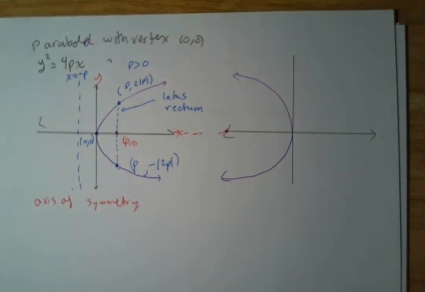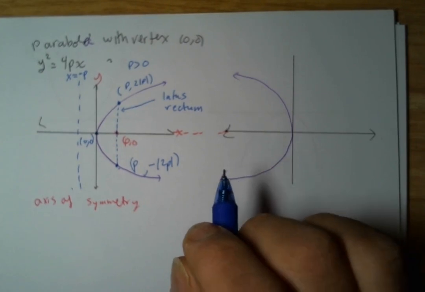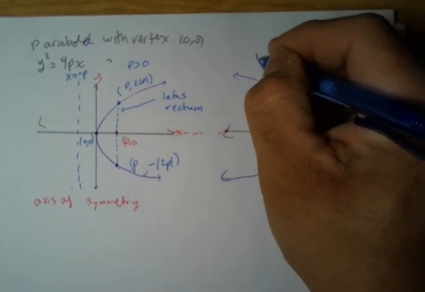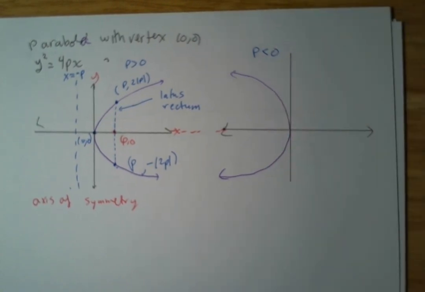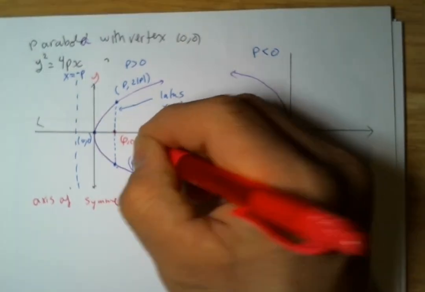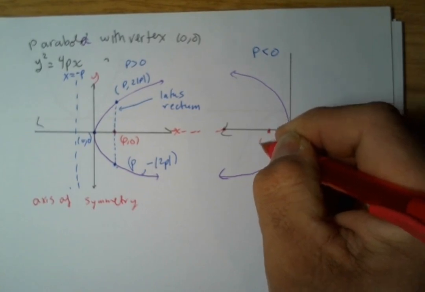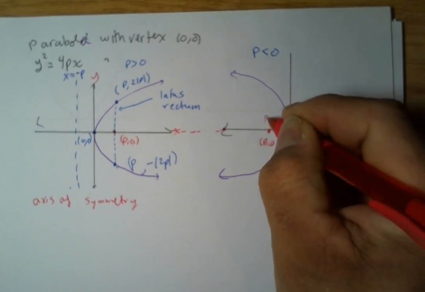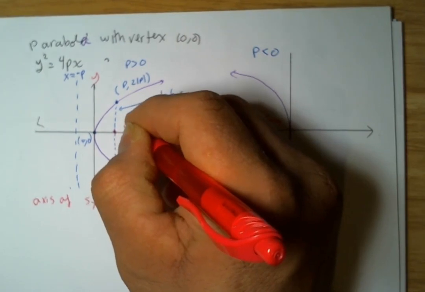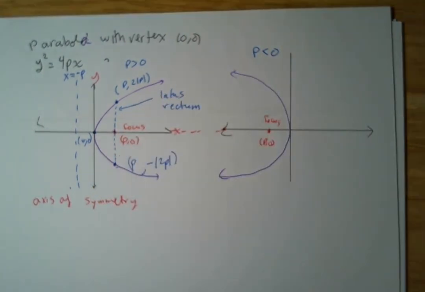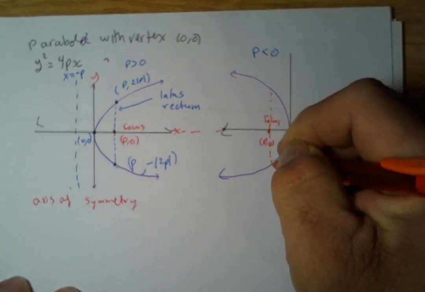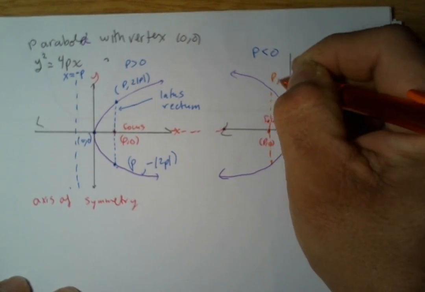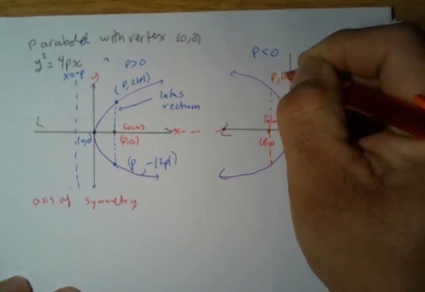Now if it opens the other way, what changes is that this corresponds with p being less than 0. But the focus is still p, 0. So here's our focus. And in this case our latus rectum is still the value here at p, absolute value of 2p.